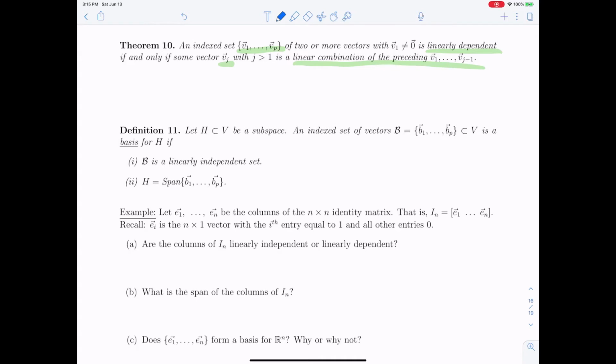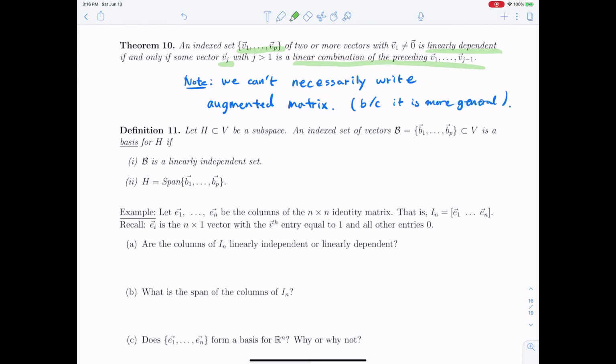But the difference is that in this case, we can't necessarily write an augmented matrix because everything is in a more general setting. Suppose that H is a subspace of a vector space V, then a set of vectors B is a basis for H if B is linearly independent and H is spanned by all the vectors of B.